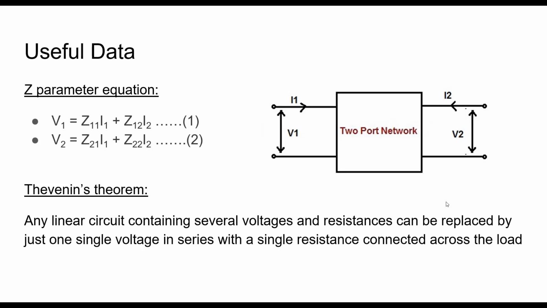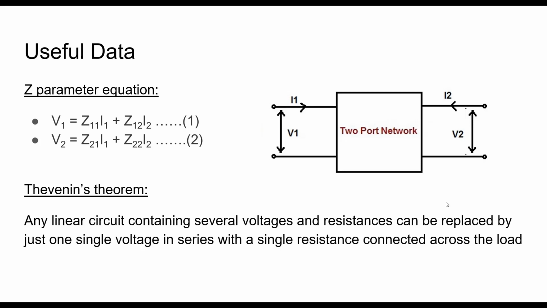The voltage V2 of the second port will be Z21I1 plus Z22I2. Here Z22 and Z21 are the impedances. Z21 is the transfer impedance and Z22 is the output impedance. A detailed video on the derivation of these equations is explained by Professor T.K. Basu in the NPTEL video that is referenced in the previous slide.